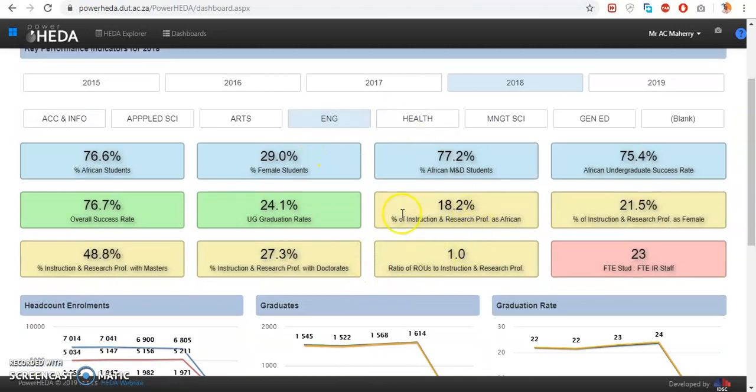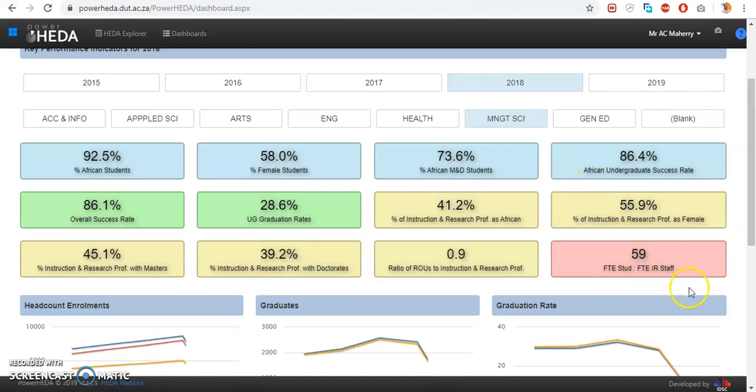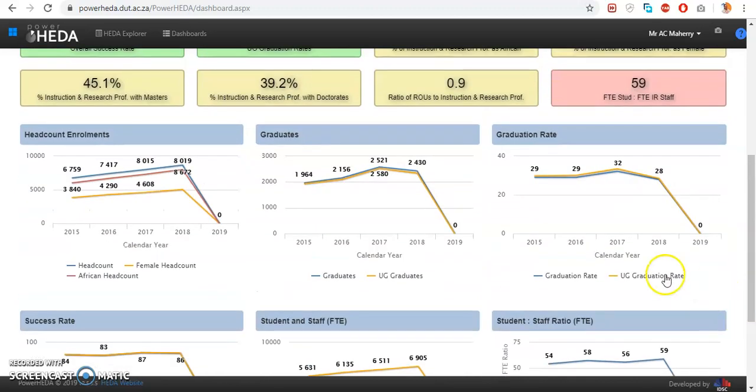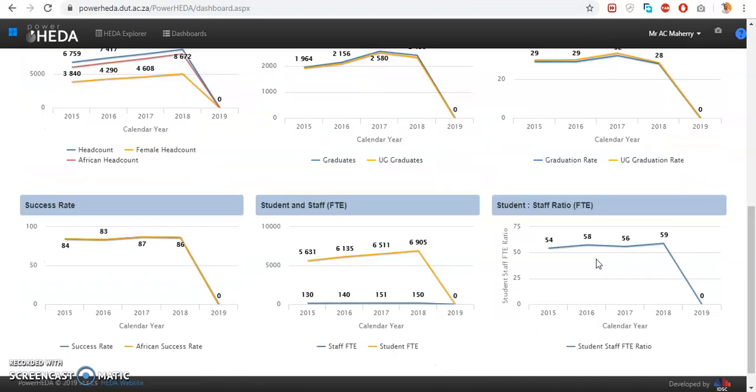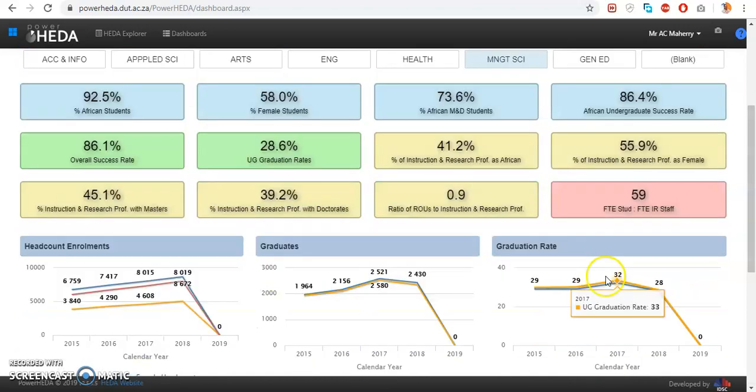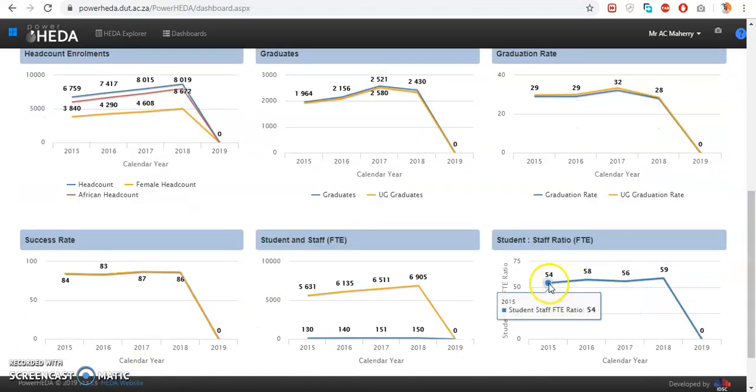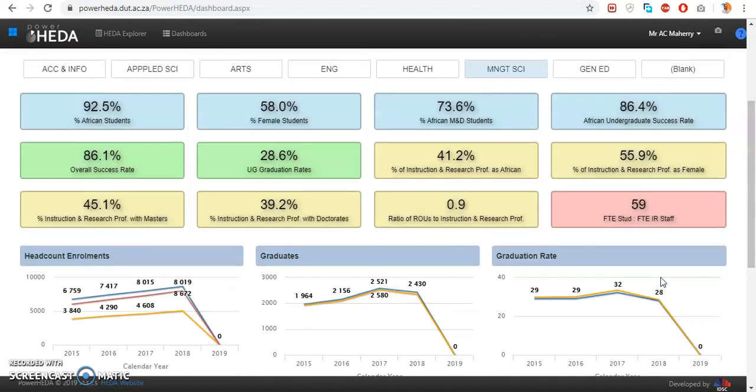So now you can start to have a look at, for example, your student to staff FTE ratio. So if we have a look at the student to staff FTE ratio for management sciences for 2018, you can see you're sitting at around 54, 58, 56, and 59 students to 1 instructional staff ratio.